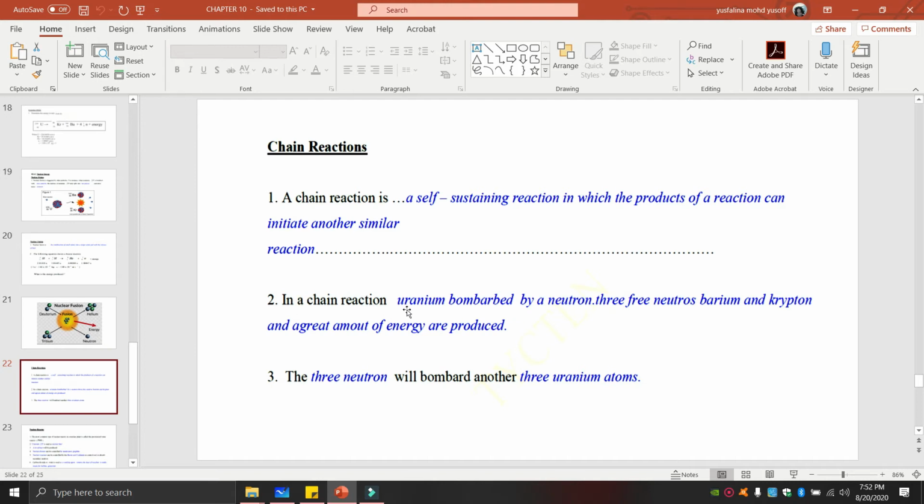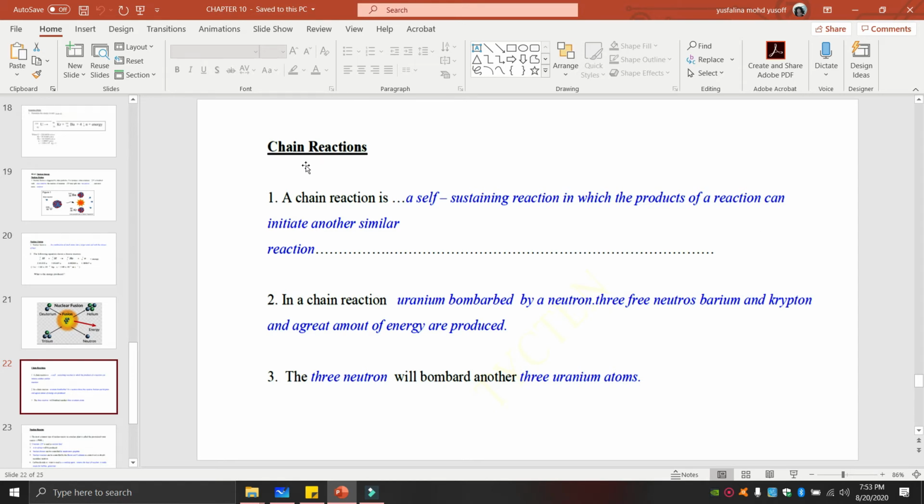So in a chain reaction, uranium is bombarded by a neutron. So three free neutrons, barium and krypton, and a great amount of energy are produced. So the three neutrons will bombard another three uranium atoms. So this will be continuous.